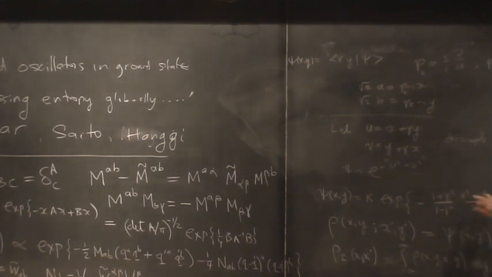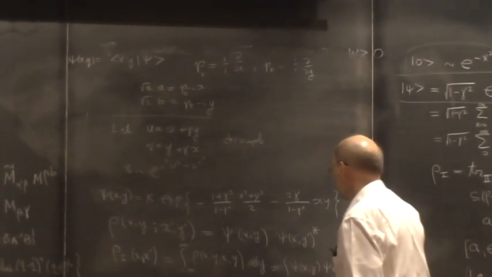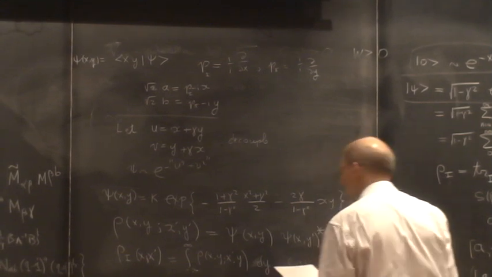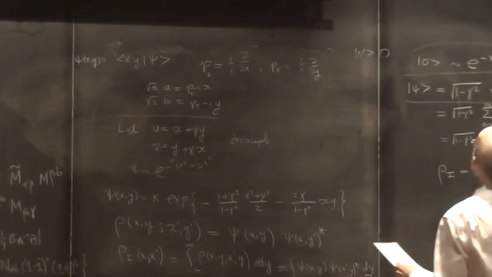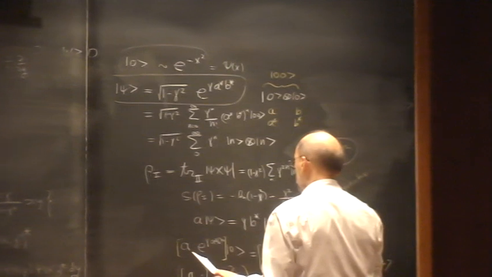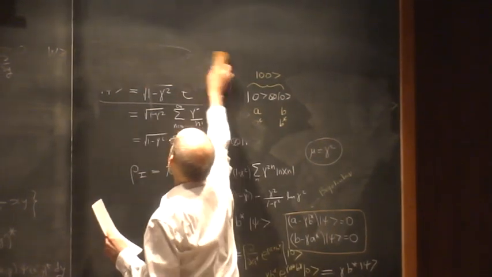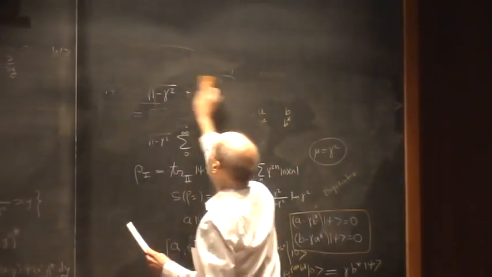You can see this is again a Gaussian wave function, and you take the product as a Gaussian density matrix, and then the integral is just a Gaussian integral. So using that general formula, you can do it easily, and you get this result.